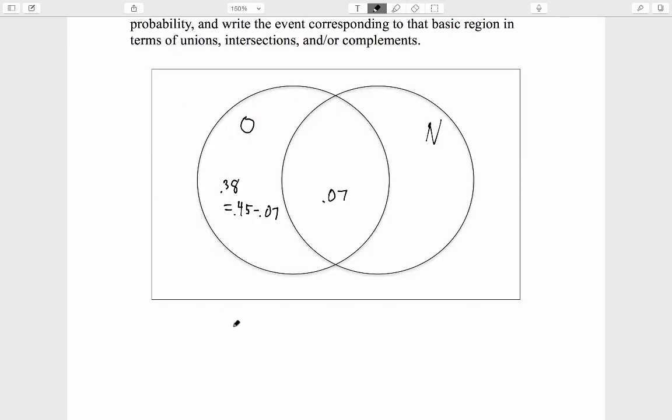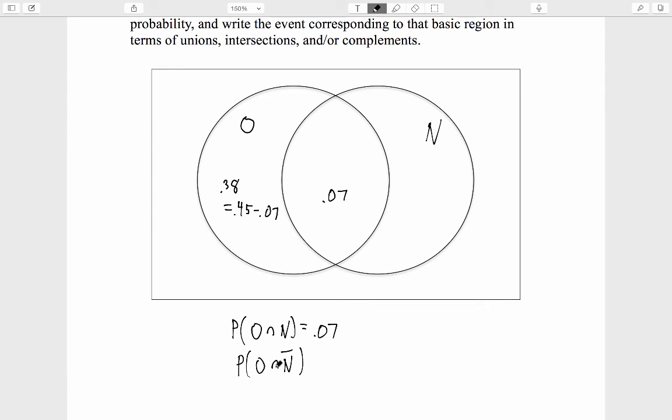Now, how do we write these regions in terms of unions, intersections, and complements? We just found that the probability of O intersect N equals 0.07. That's the region in the middle here, O intersect N. What about this region? Inside the O circle, but outside the N circle. That region can be written as O intersect N complement.